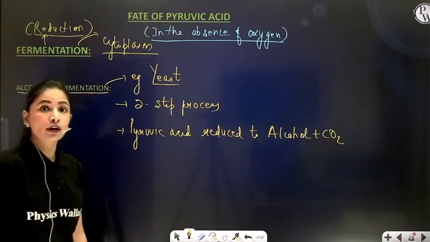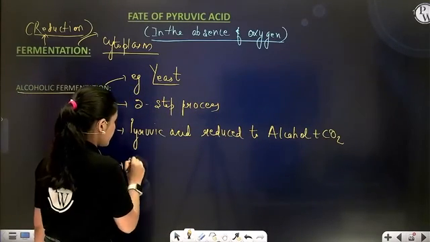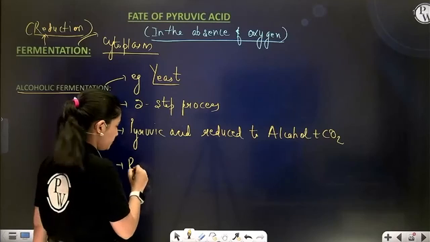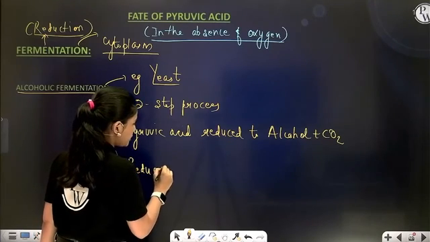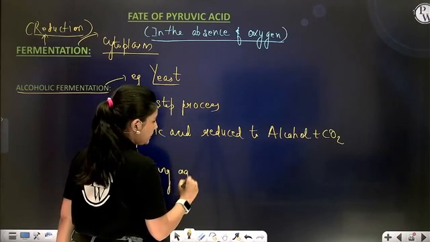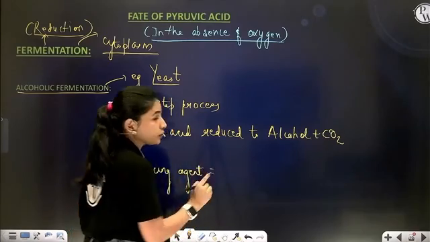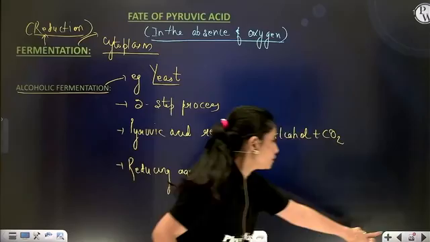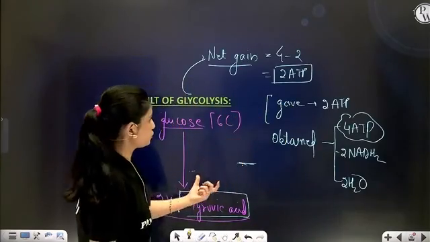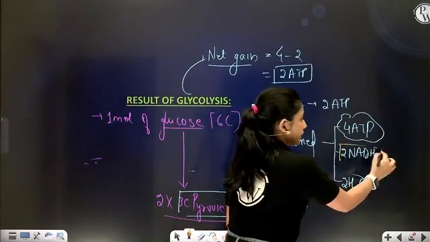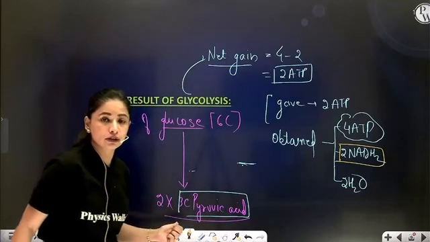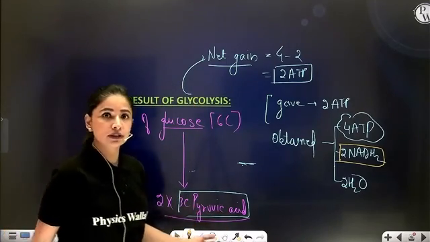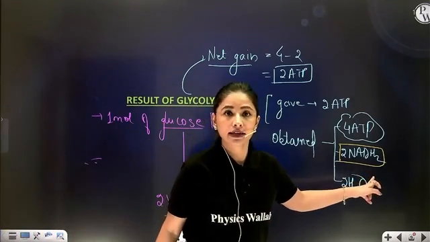For reducing, a reducing agent should be there. So the reducing agent will be NADH2, the one that you produced during glycolysis. See, during glycolysis we produced 2 NADH2, right? So if this pyruvic acid has to undergo fermentation, for reducing it is going to use the same NADH2.